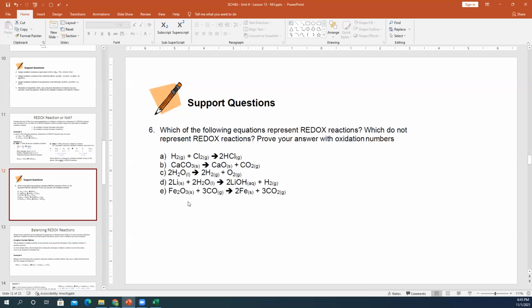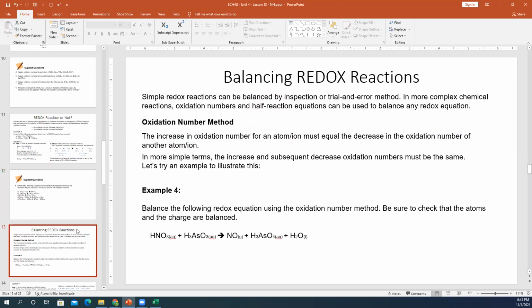Again, there are a few support questions for you to practice with and to show that you really understand what is a redox reaction and which ones are not. Then we have to look at how we balance redox reactions. If you've got a very simple type of redox reaction, you can balance it just by inspection, by examining the numbers on either side, or by trial and error.